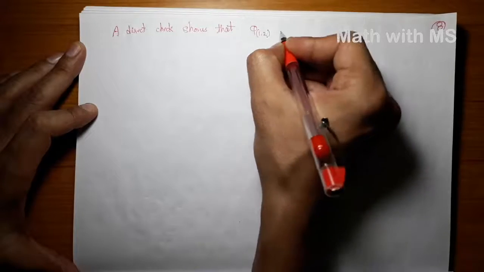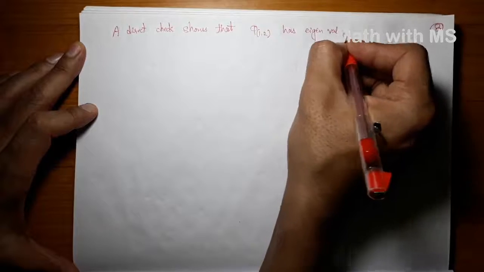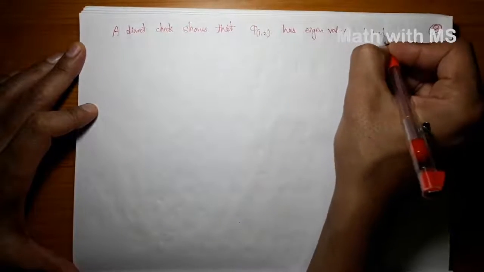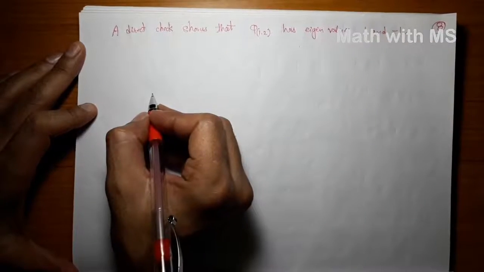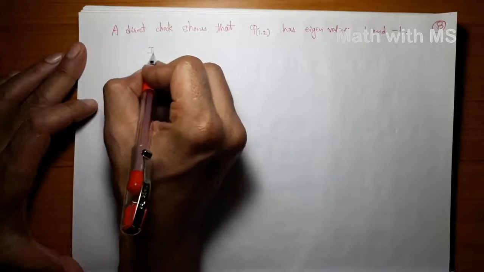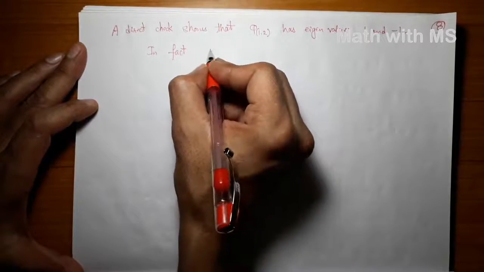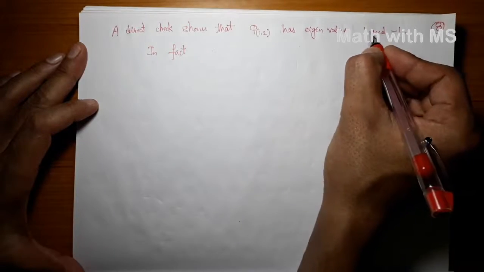One can check that phi (1 2) has eigenvalues 1 and -1, okay? And in fact, you can find eigenvectors, and one can check the eigenspaces corresponding to the eigenvalues 1 and -1.